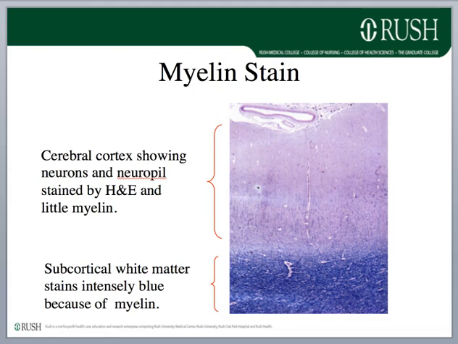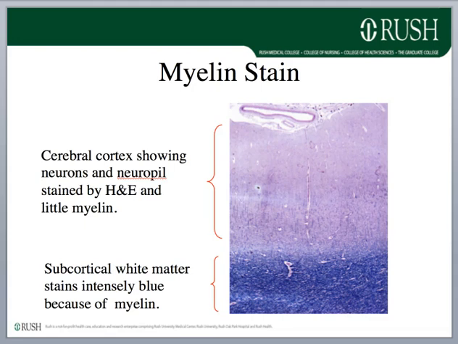Now this stain usually stains the myelin blue. In the upper part of this image is cerebral cortex, which is predominantly cells, and so this stains pink with an H&E stained section, and has little myelin because this is mostly the cell bodies and dendritic processes.